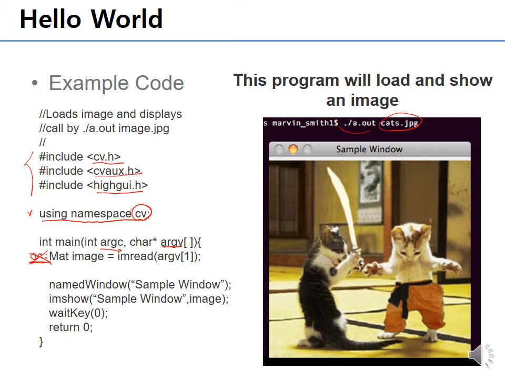In here, argc is 2, and argv[1] is cats.jpg. So it reads the cats.jpg image, and they create a Mat class, and the name of that object is image.